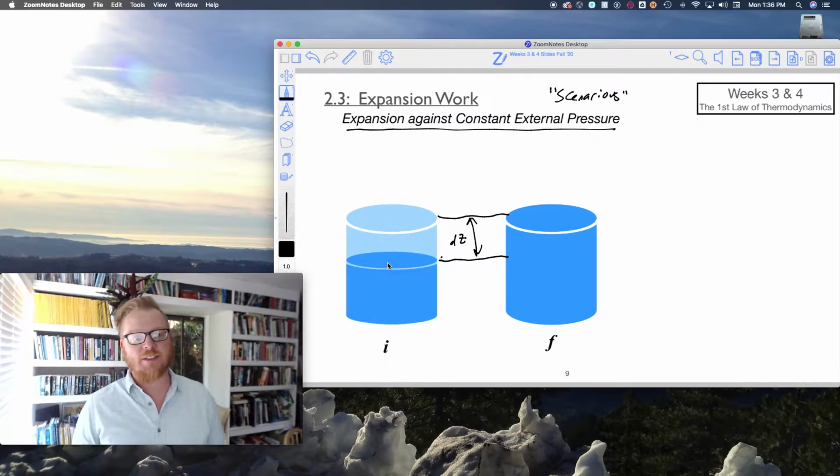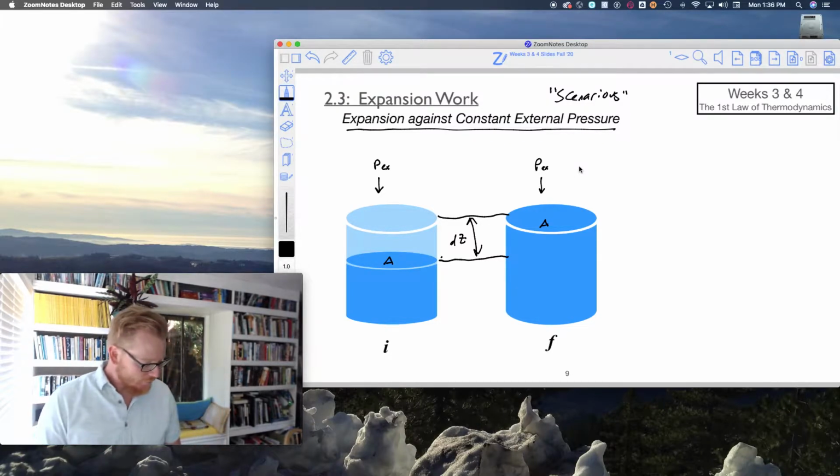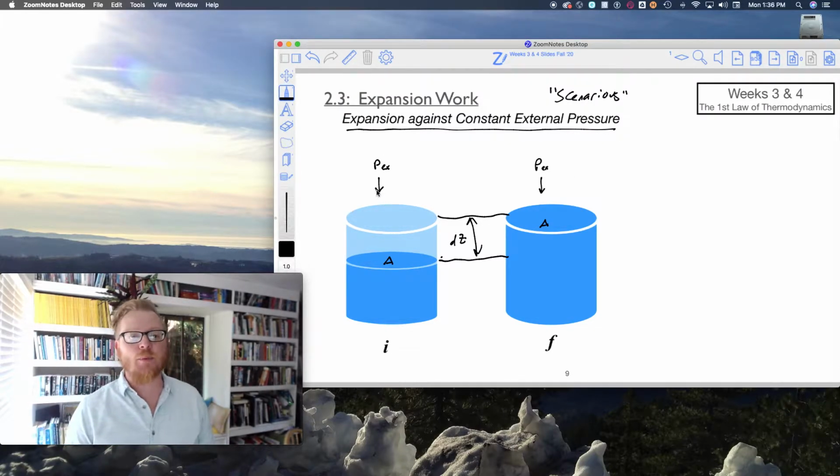We'll also say the cylinder has area A, and that area is the same from initial to final state. And I'll also say that there is some constant external pressure pushing on this cylinder, okay? And so again, that external pressure is constant, okay?